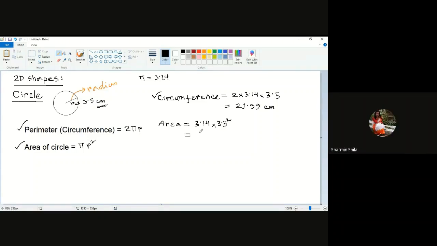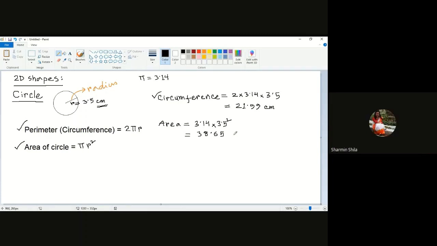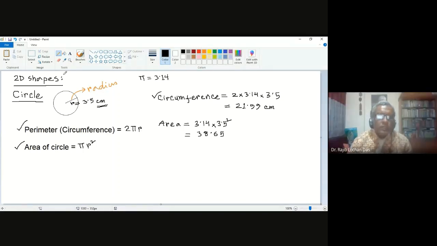So the area comes out as 38.465. Let me write it, and that will be centimeter square.